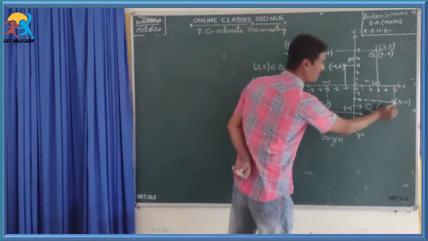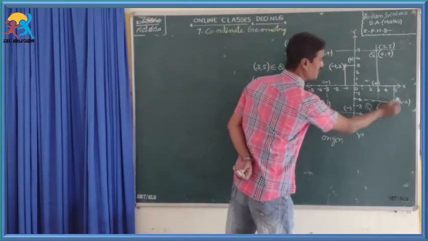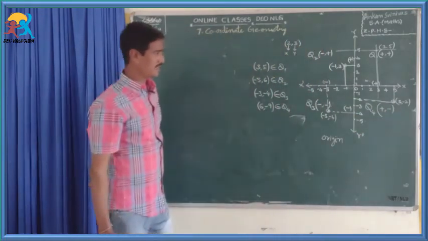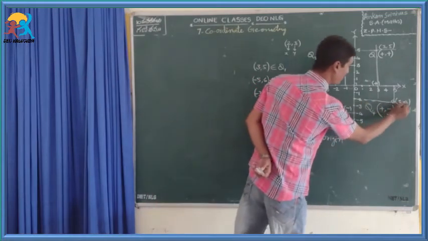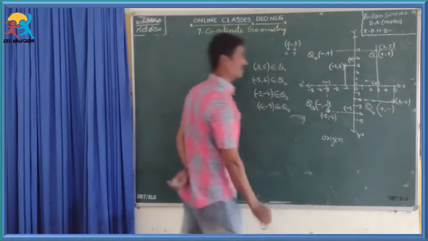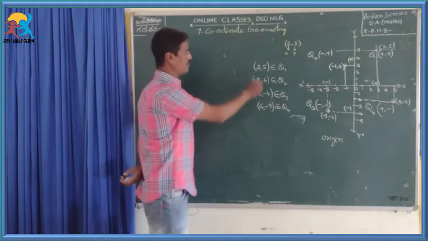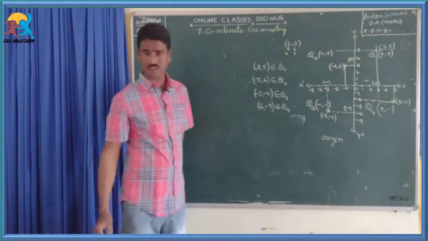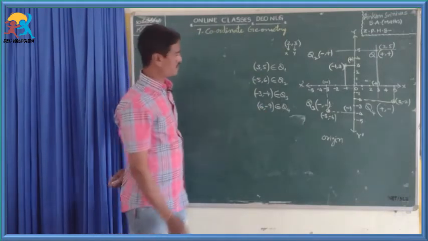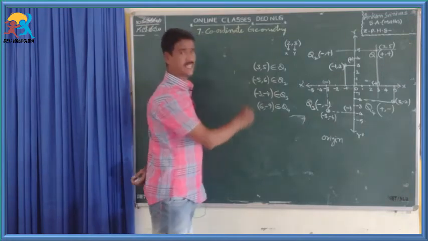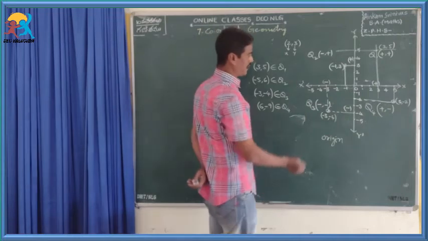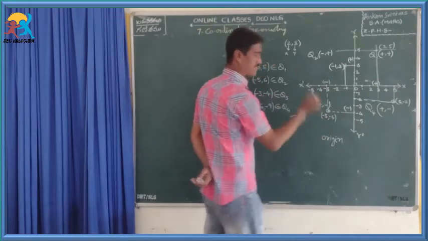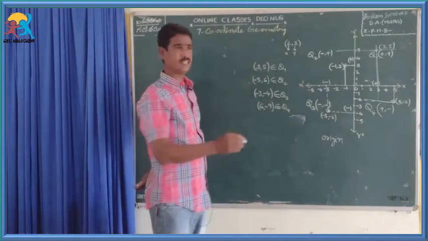So the coordinates of this point are 5 comma minus 2. In coordinate points, the first always shows the first coordinate and the second is called the second coordinate. In this coordinate plane, you always take the x value first, then the y value.